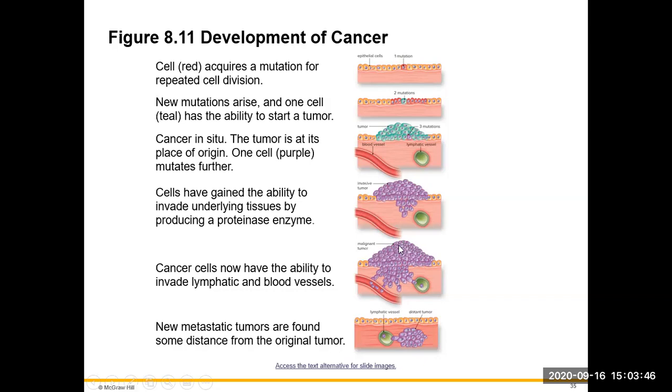It could be a malignant tumor, which is really dangerous, and it could go to other parts of our body and become a distant tumor. These distant tumors we call metastatic tumors, or tumors that have gone to other parts of the body. That means they are not localized to the region where they first started.